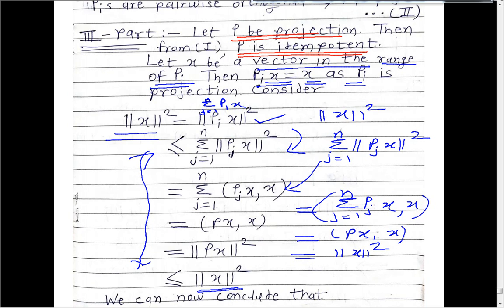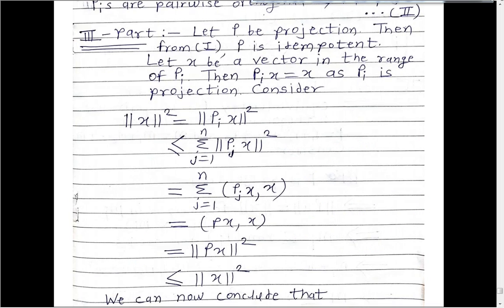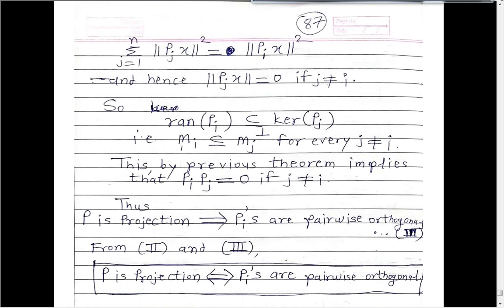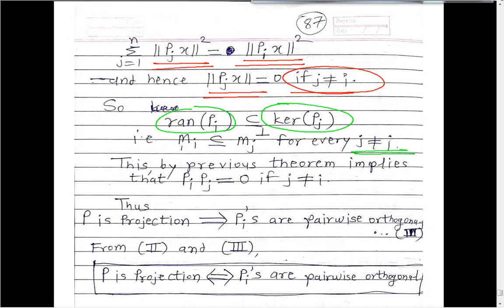So from the foregoing arguments, we can now conclude that norm of Pj x square equals norm of Pi x square, and hence norm of Pj x is equal to 0 if j is not equal to i. In other words, we have proved that range of Pi is a subset of kernel of Pj for every j which is not equal to i. That is, Mi is a subset of Mj perpendicular.